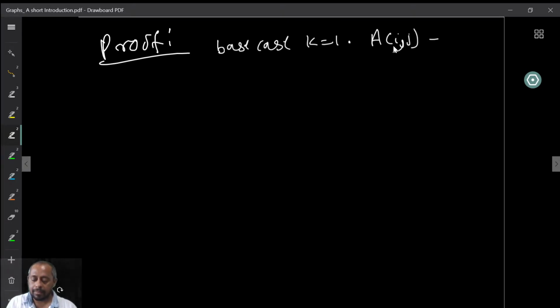So when there is an edge from vi to vj, there is a walk of length exactly 1 from vi to vj. That shows that there is precisely one walk of length 1. And when there is no edge, the entry is 0, and there is no walk of length 1 if there is no direct edge between them, so you have to go through at least 2 edges. Therefore, the base case is fine.